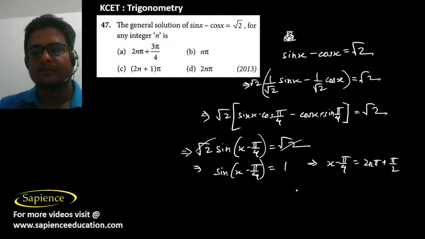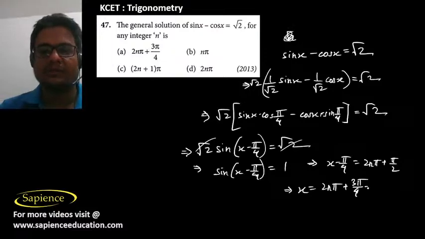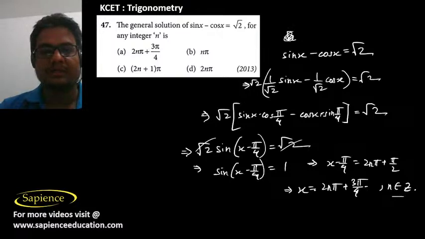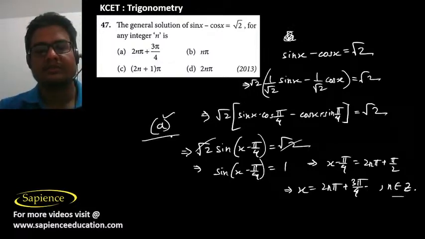So x will be equal to 2n pi plus pi by 4 plus pi by 2, that is 2n pi plus 3 pi by 4, where n belongs to z, for any integer n. So option A is the correct answer.